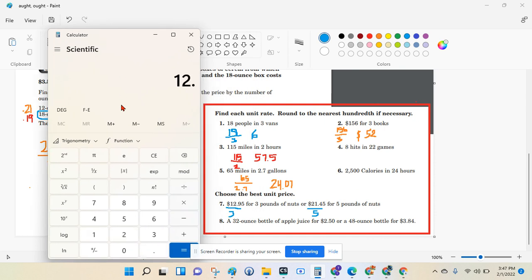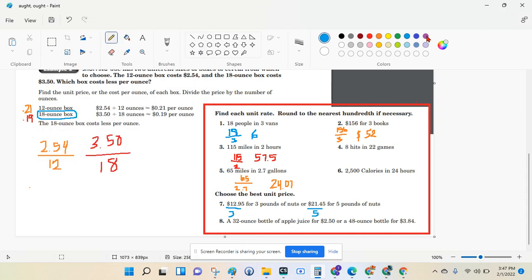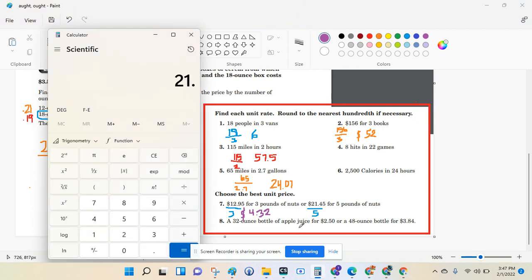So here we have $12.95. Again, remember that decimal point, divided by 3. If we round it, that would give us $4.32. Okay, and if we check this price, you've got $21.45 divided by 5, which is going to be $4.29.